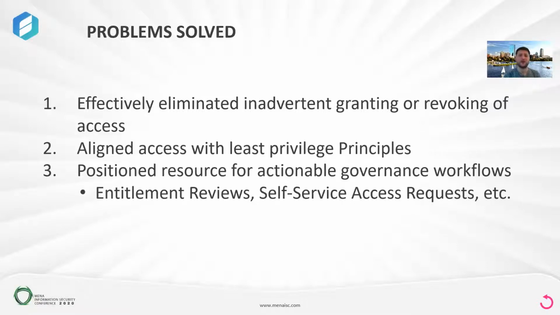I've effectively eliminated inadvertent granting or revoking of access by removing those interdependencies. I've aligned access with least privilege principles by making sure that only people who need rights have rights to a given resource. And I've positioned everything for actionable governance going forward, which I'll show you now.